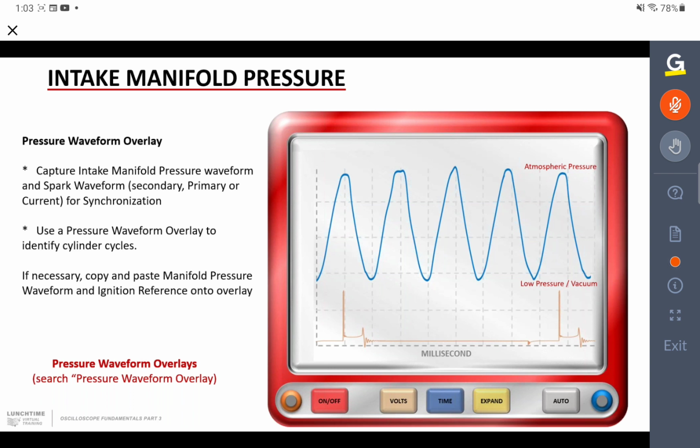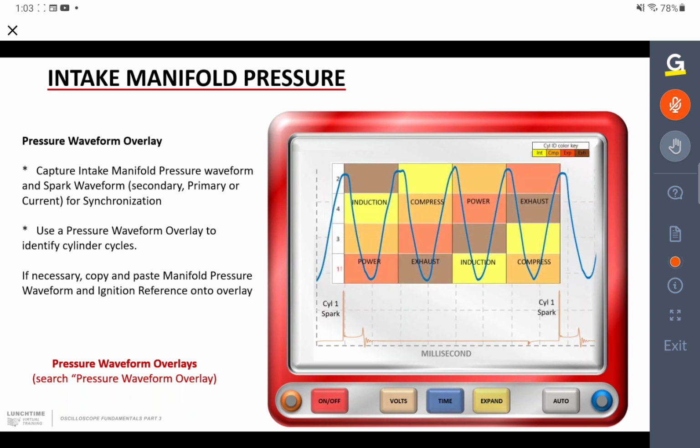And there is a nice way of doing this. There is a free download, which I've just shown, I think, on your handouts. It's what they call a pressure waveform overlay. There's 2 or 3 different versions out there, but the one I'm going to show you right now is an overlay you can download.